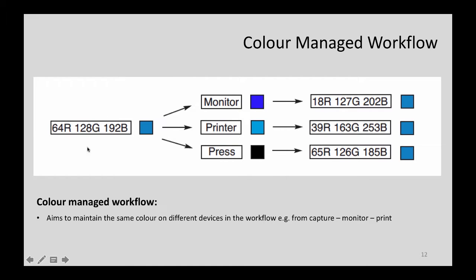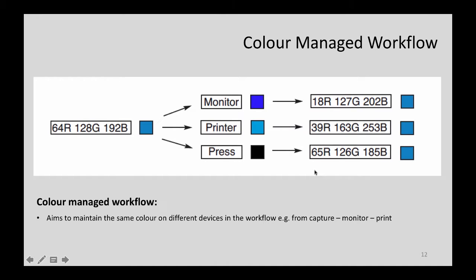So even though the input numbers are this, between the monitor and the print device, it has to give it another set of numbers to replicate that same colour on the monitor. When it goes to print, there's its colour numbers, and if we were going to pre-press, there's another set of numbers.